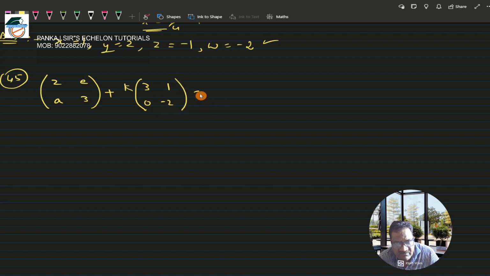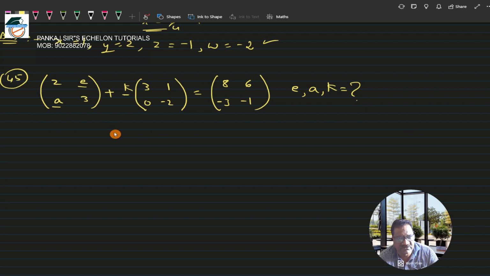This is equal to a matrix with 8 and 6, and minus 3 and minus 12. Now here the unknowns are, of course, E, A, and K. These are the unknowns that you have to find out.